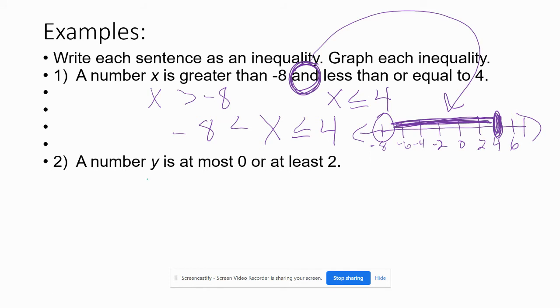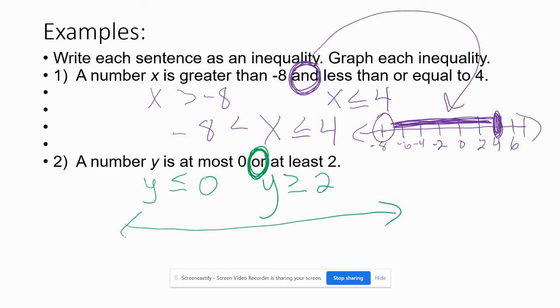If I'm looking at number 2, we have y at most, remember, is less than or equal to 0. Or, so there's our keyword or, this is going to be a union. Y is at least, means greater than or equal to 2. So because it's an or, we put both answers on our paper.